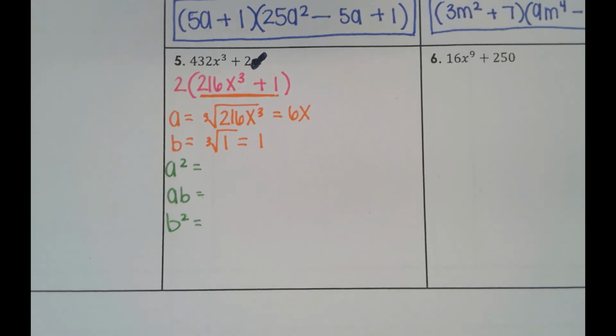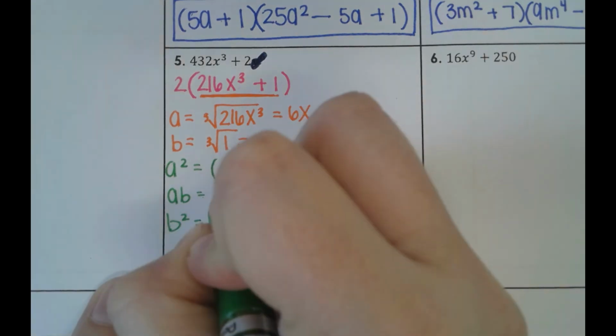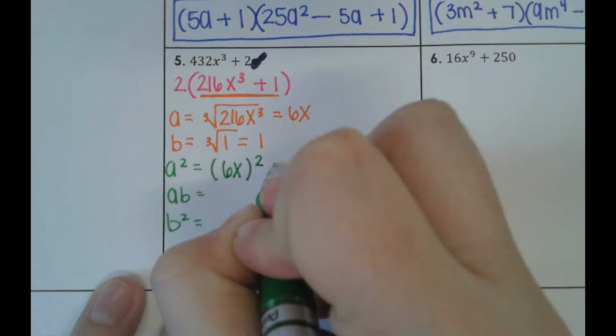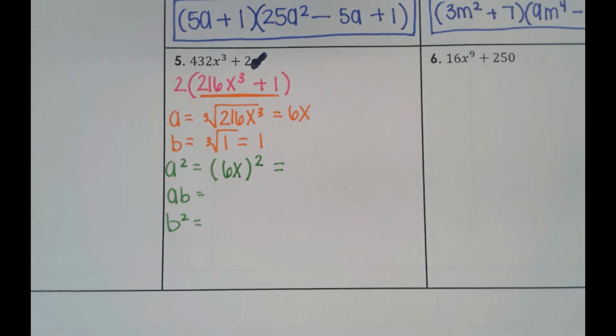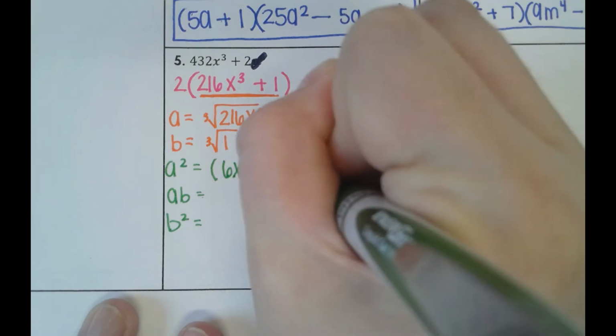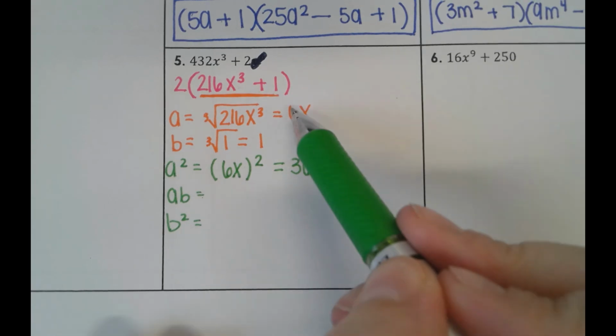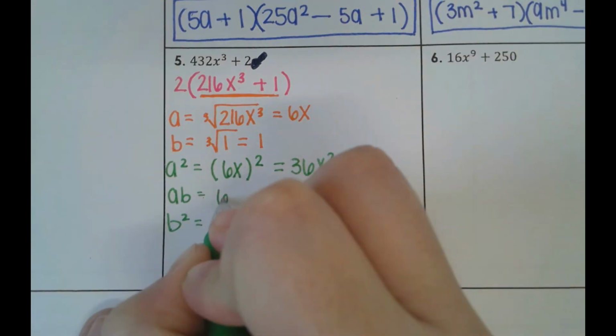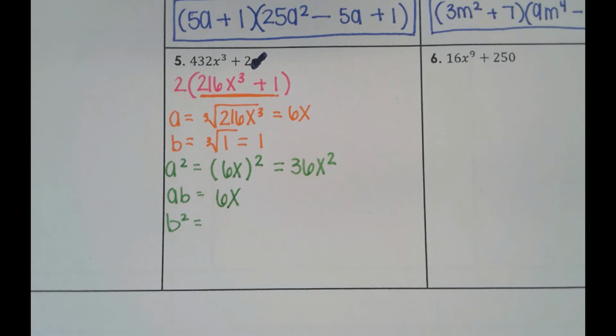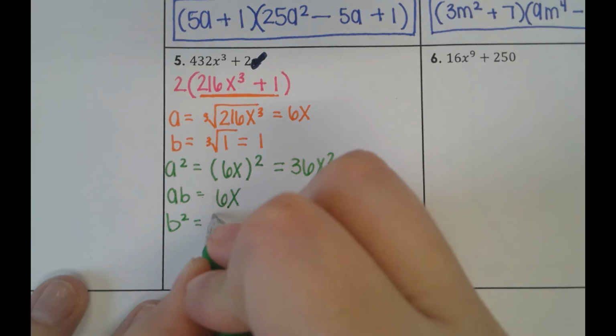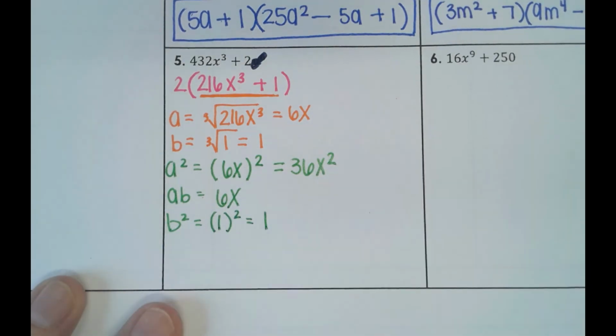All right, a squared. That is 6x squared, which is 36x squared. And then a times b, 6x times 1 is 6x. And my b squared, that's 1 squared, which is 1.